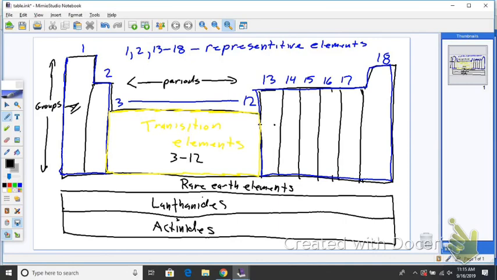One's called the alkali family. I like this family. The alkali metals. They are explosive. They are very unstable. Okay? Don't want to be around these guys. They are explosive and unstable.